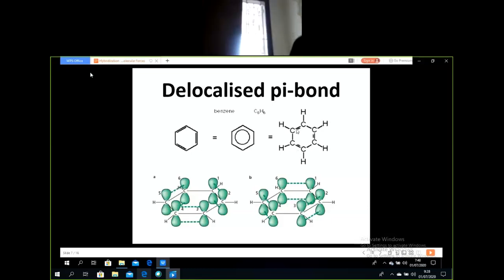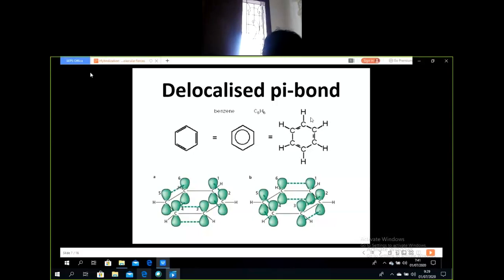Because in this structure, scientists have difficulty naming which one is carbon atom number one, because it is in the form of a ring. So it is difficult to determine which one is carbon atom number one. Carbon atom number one can start from anywhere, but there are 6 carbon atoms forming a ring.